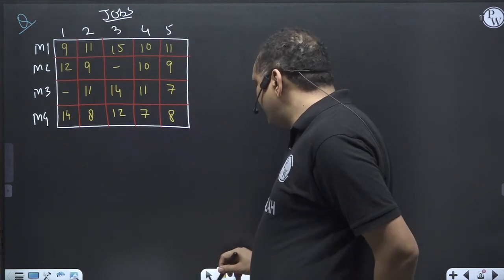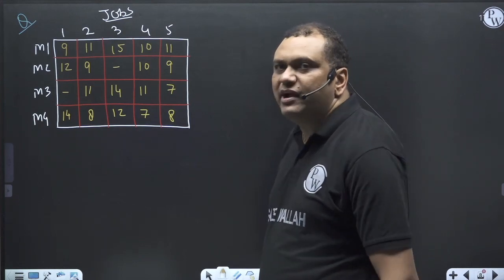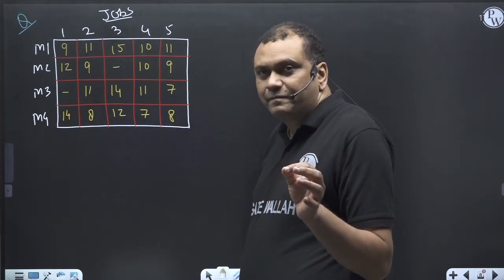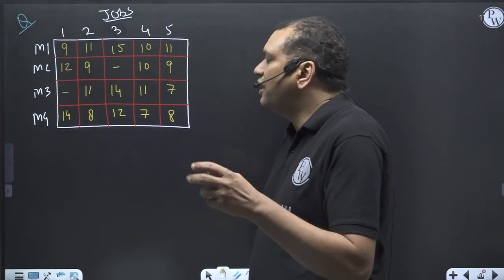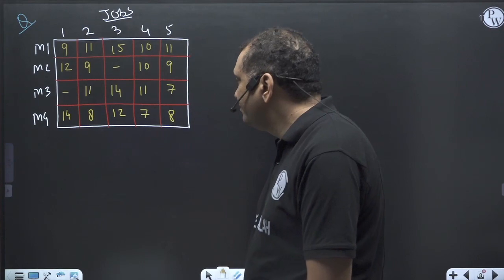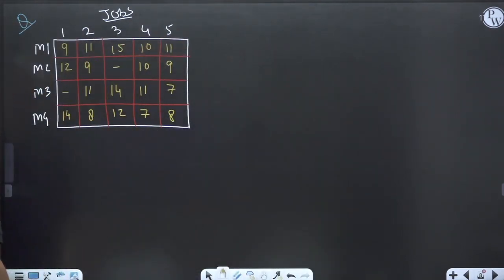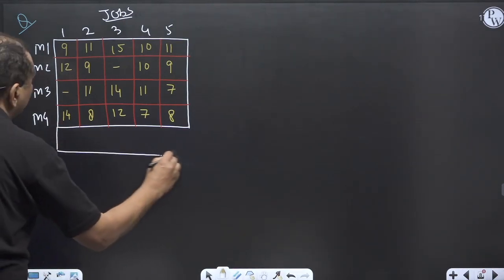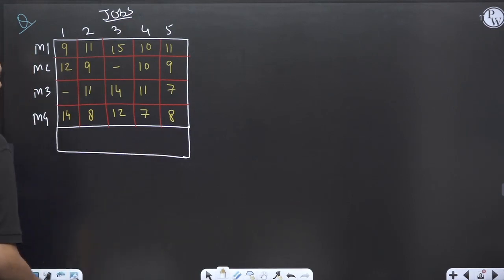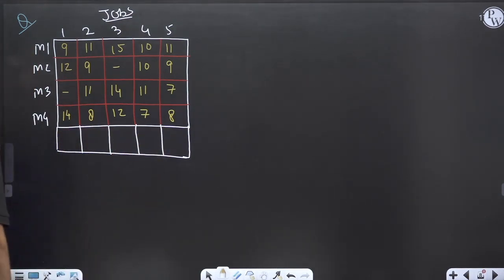Now, there is one more thing. This matrix is not a square one. There are 5 columns and 4 rows. So to make it square, add a dummy machine.